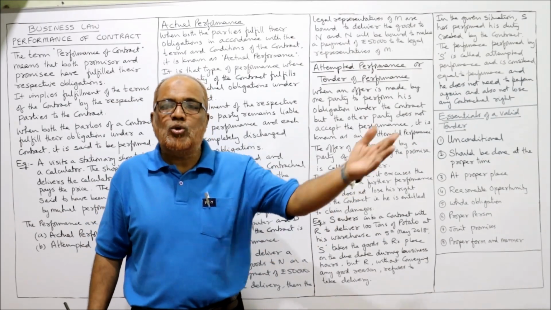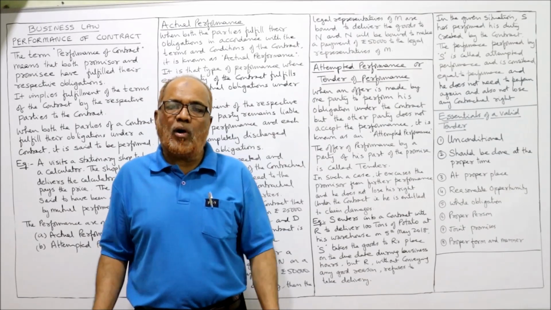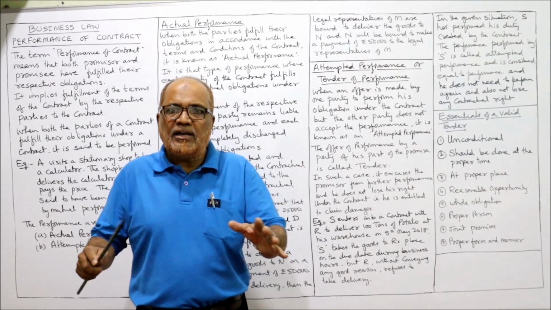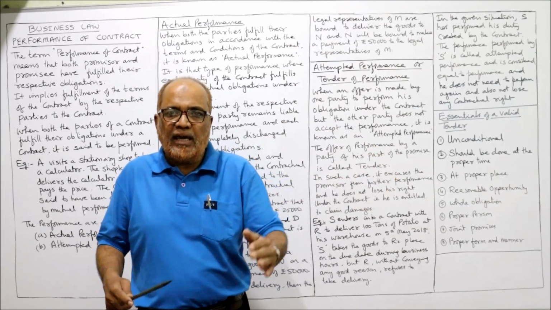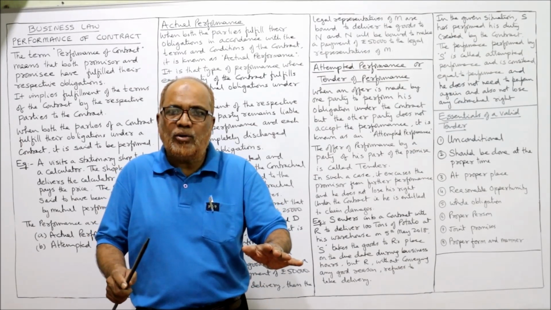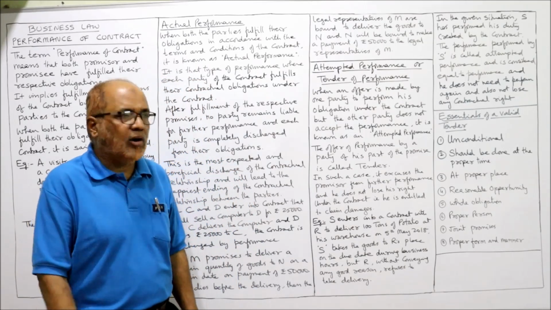A is tendering to whom? B. B is not accepting the offer. Already the agreement has been made, and all the terms and conditions are there. Here A has to deliver the goods to B. A is ready to deliver, but B is not ready to accept. That is called attempted offer or tender.